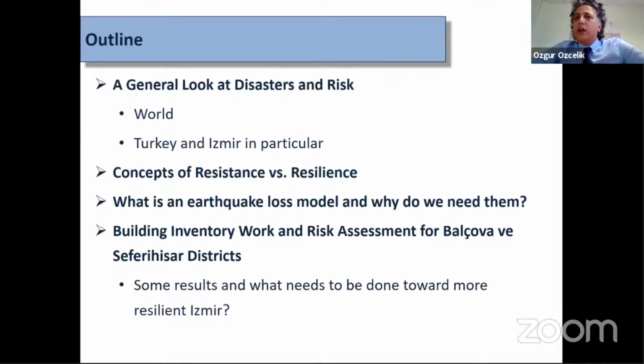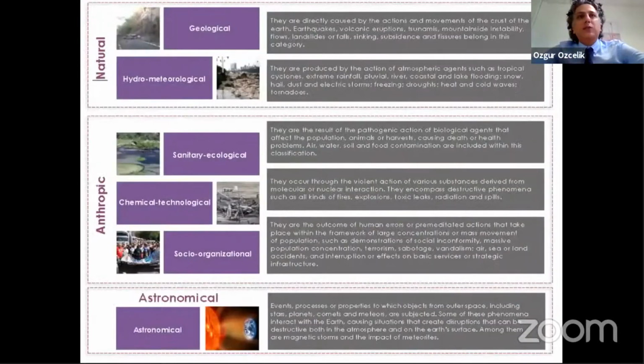Then what is an earthquake loss model and why do we need them? I will try to answer that question. Then a particular study I'm going to talk about, which is something that we have done back in 2012, which is the building inventory work and risk assessment for Balçova and Seferihisar districts. And I will present some results and what needs to be done towards more resilient Izmir.